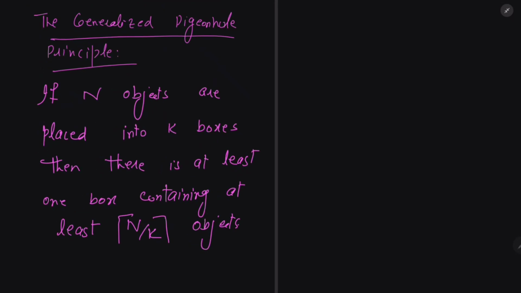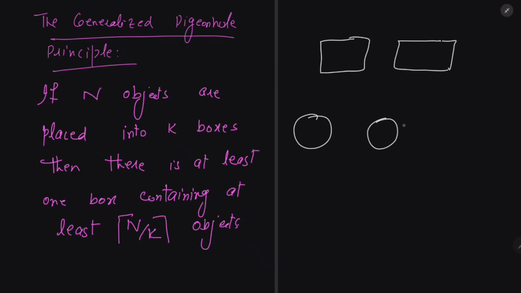Now, this is very interesting. The generalized pigeonhole principle is a consequence of the pigeonhole principle. If you have a number of boxes, for example, 2 boxes, and there are 3 objects, then this principle lets you count the minimum number of balls or objects that must be in one box.